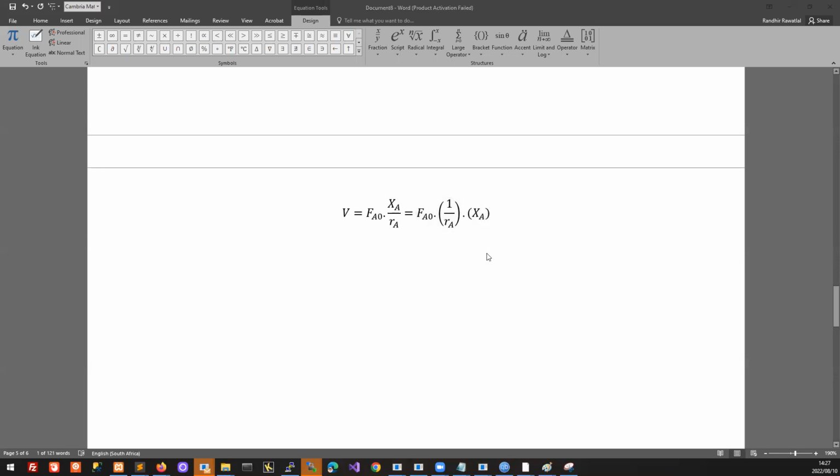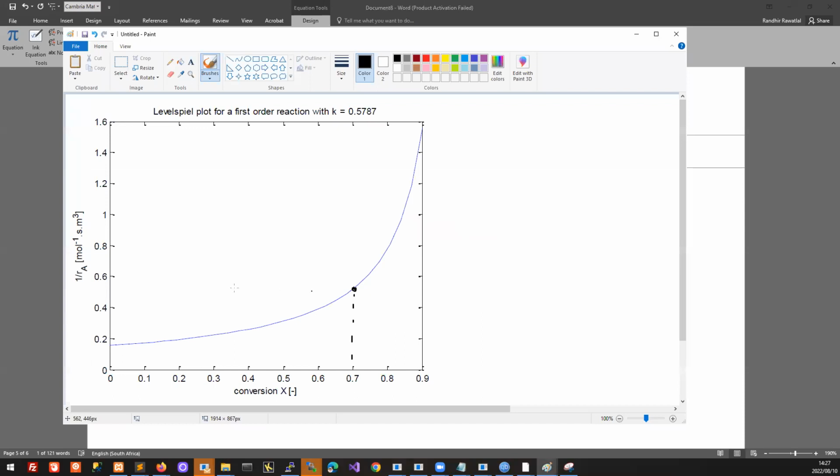Here's the y value, and there's the x value. So the volume that we need for the CSTR looks like this, y times x.